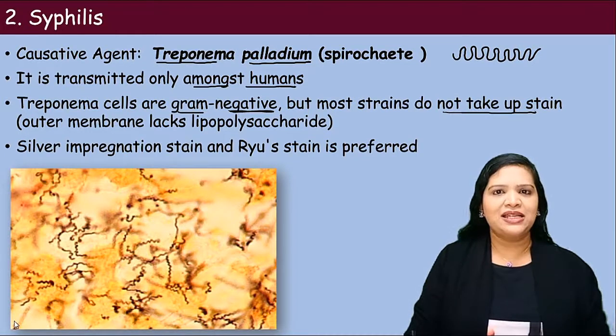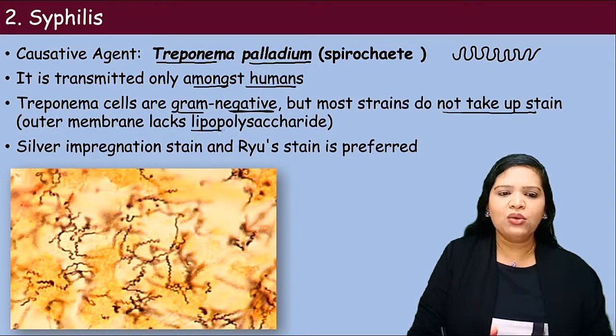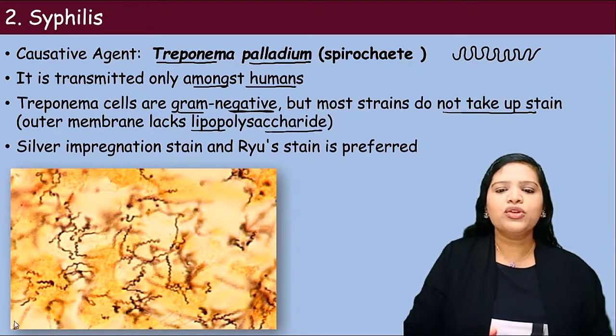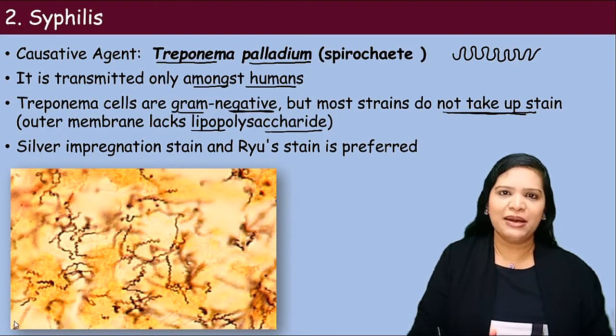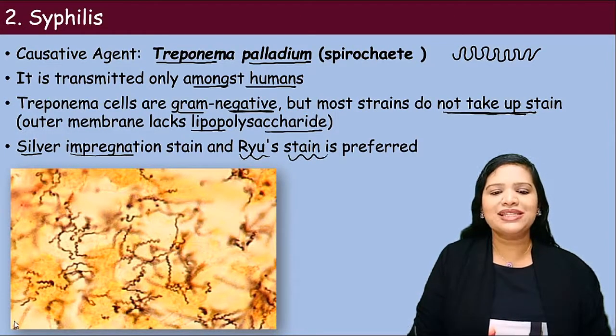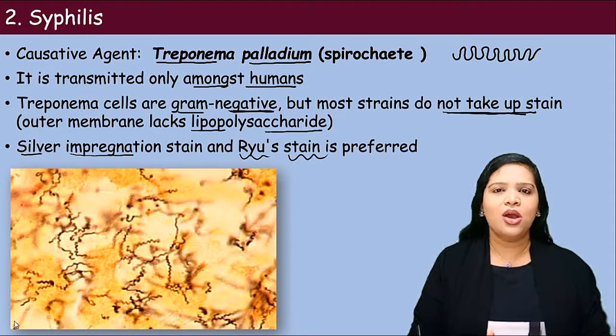So this bacteria Treponema, its cell wall is lacking outside lipopolysaccharide. Most of the strains do not take up the stain, so they appear like gram negative. But we preferably do another staining technique called silver impregnation staining or Reiter's staining. So these are the two important stainings to identify this organism.